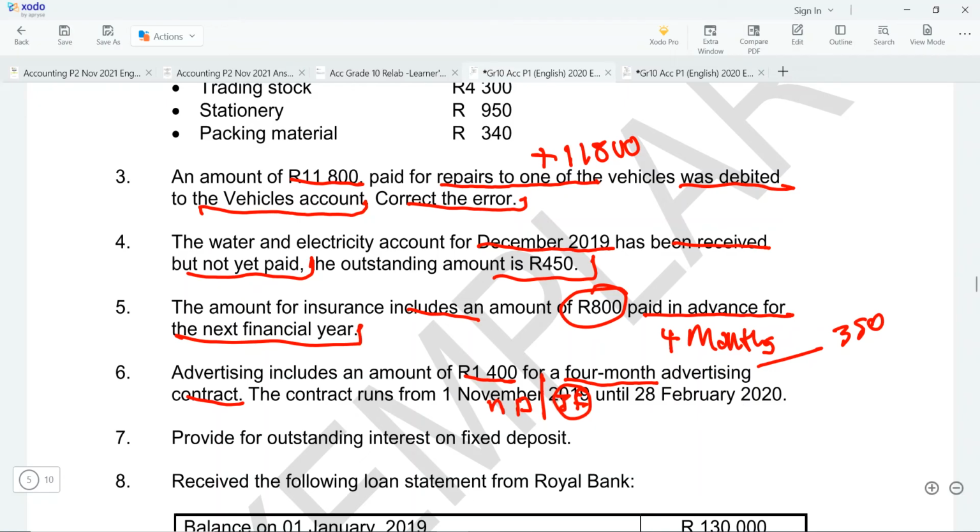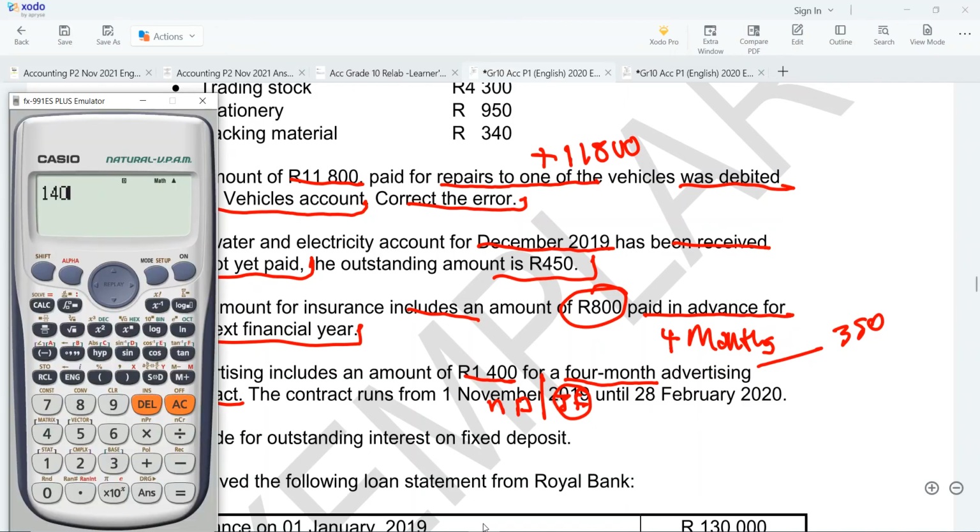So you can just say, if you say 1,400 times 0.50, it will give you the half that we are supposed to subtract. Remember, 350 times 2 is 700. So it means that it was supposed to only be paid for 700, but we paid 1,400, which also includes the 2 months for the next year.